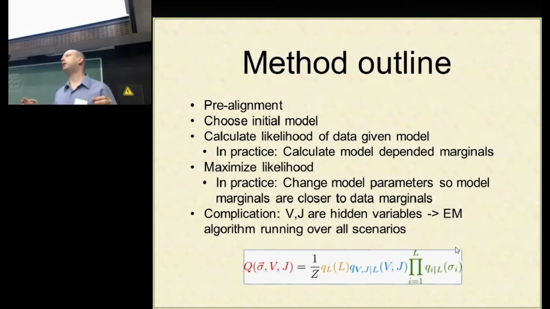The pre-alignment basically says which V's and J's are actually possible for each sequence. So we're not taking only the best V and J possibilities, because we believe this would bias our distribution. You cannot really know for certain which V and J were used to create a given sequence.